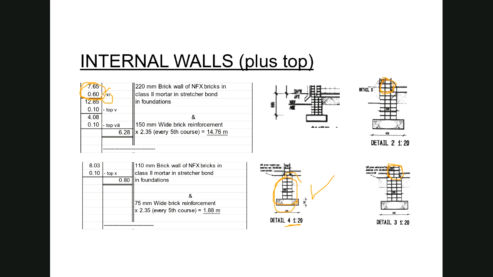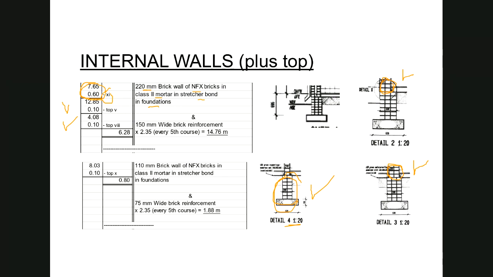The next two dimensions are dealing with the top-ups that I have for detail 2 and detail 3. Okay, so just to repeat, your description for all three of these pieces is exactly the same. It remains 220 millimeter brick wall of NFX bricks in class 2 mortar in stretcher bond in foundations. So if the description is the same, I measure the items together.